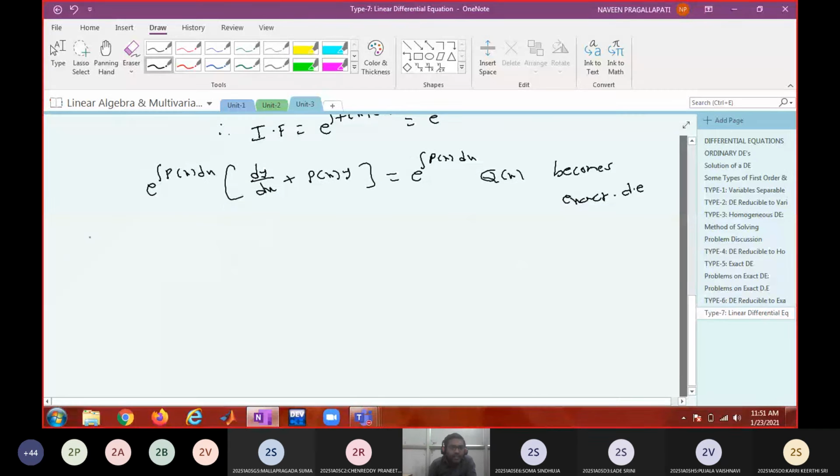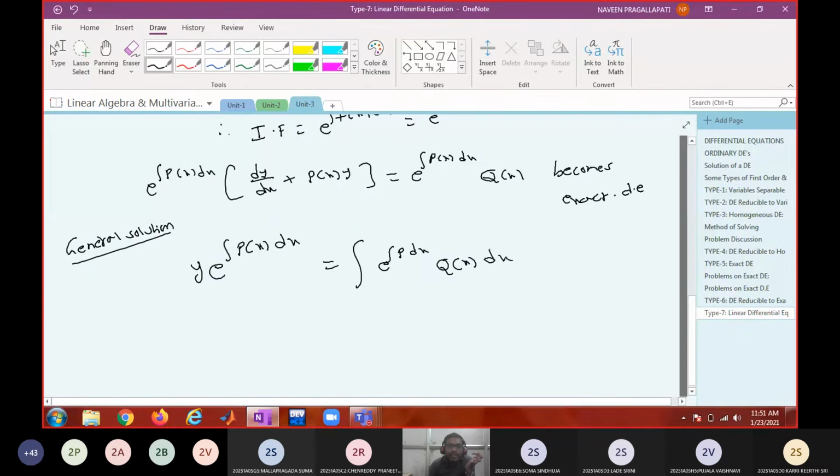Then after simplification, you can write the formula like this. You have to adopt the linear form of the differential equation. Y into e power integral p of x dx equal to integral of the integrating factor e power integral p dx into q of x dx plus c.